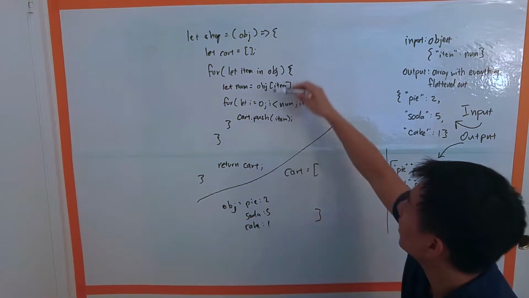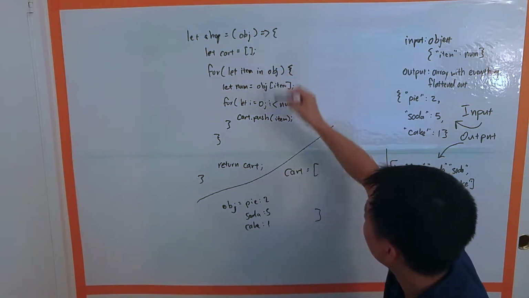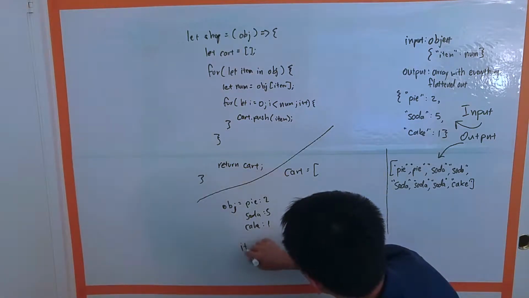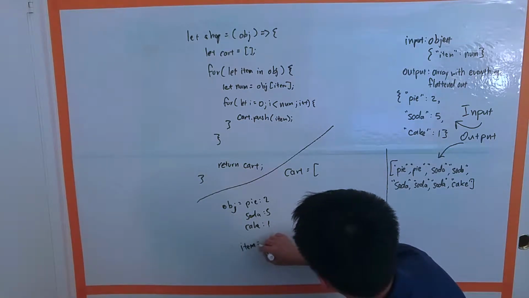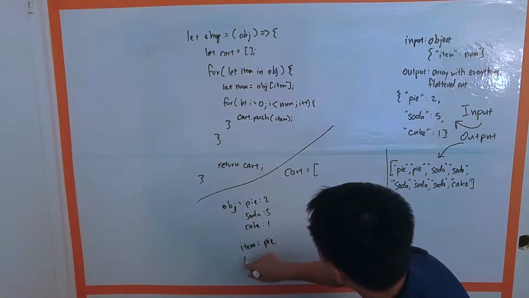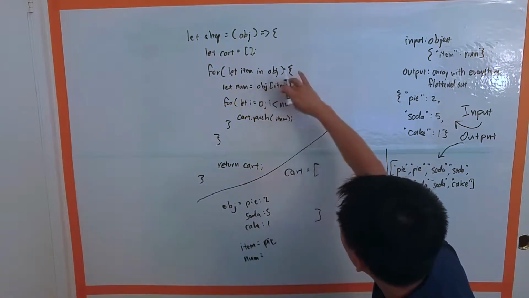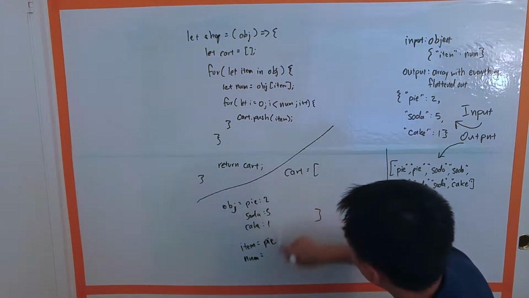And so with this for loop, we're going to be looking at the item in the object. And so right now, the item equals pie, given that this is the order we're looking at, and num becomes whatever object of pie was, which is 2, just 2.